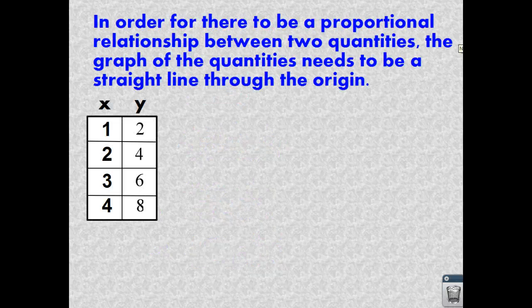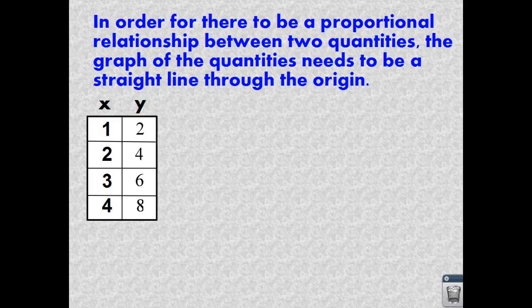All right, now according to the standard, it looks like we are going to have to extract some information from tables and graphs. So in the big blue writing there, it says, in order for there to be a proportional relationship between two quantities, that's your x and your y, the graph of the quantities needs to be a straight line through the origin.